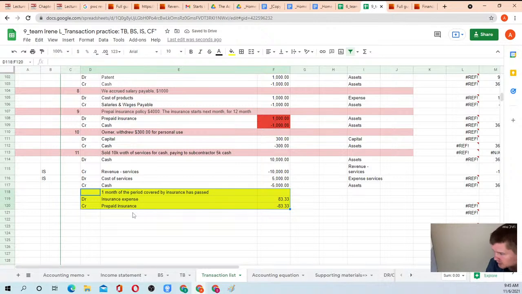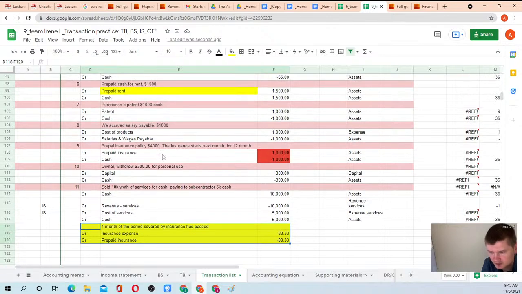We are doing that just to explore further the accrual basis of accounting. So you will be able to learn that even if we prepaid insurance here for 12 months, we need to recognize the expense monthly, every month when we started to actually use that insurance.